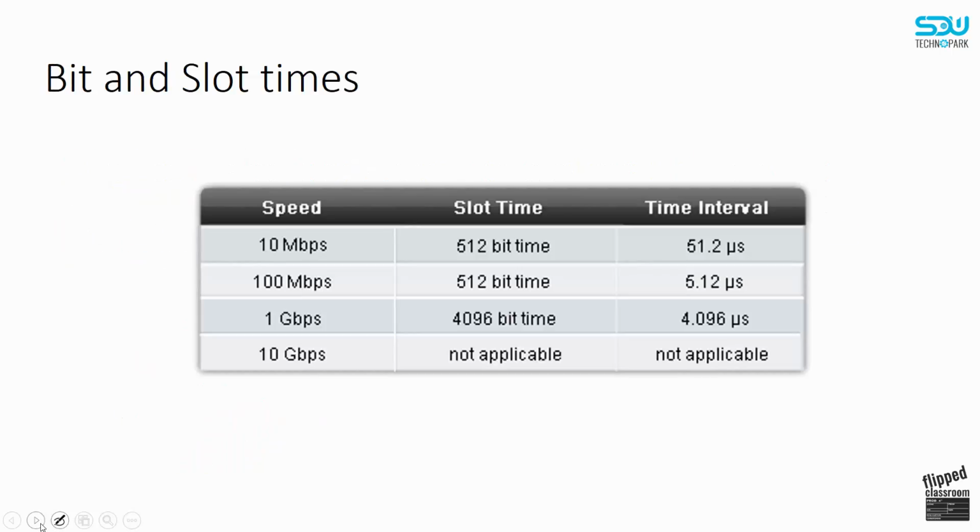Let's take a look at the timers. When you have a speed of 10 megabits per second, you have 512 bit times. This is called the slot time. In terms of the time interval, it is 51.2 microseconds. And so on, for 100 megabits per second, for gigabit, for 10 gigabit.